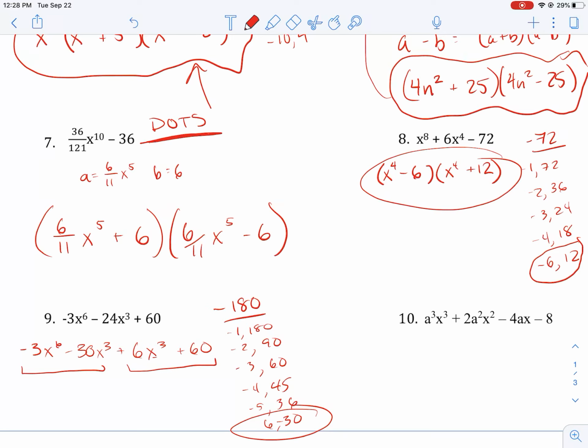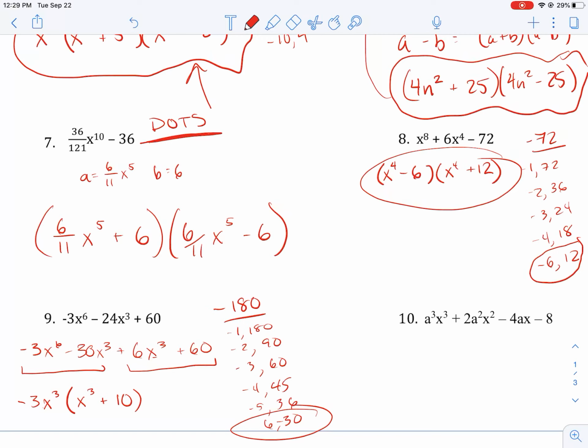Out of this first piece, I'm going to take out a negative 3, and an x cubed. So after taking that out, I'm left with x cubed plus 10. Perfect.